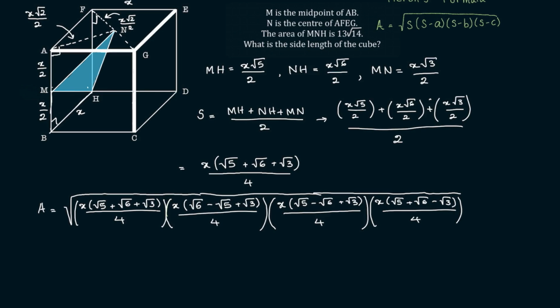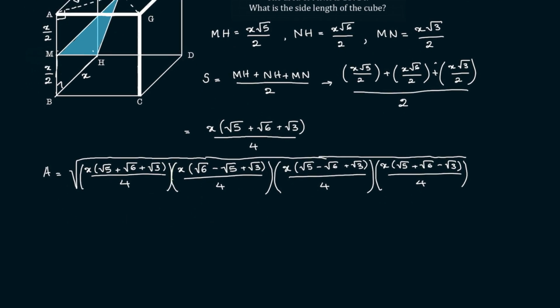Now you'll notice that in each factor there is a factor of x over 4 in there.